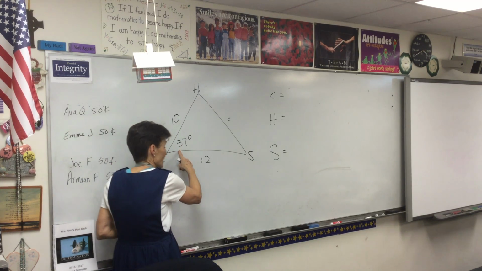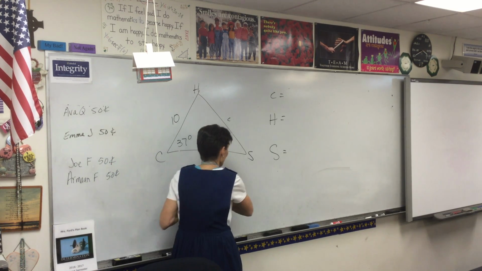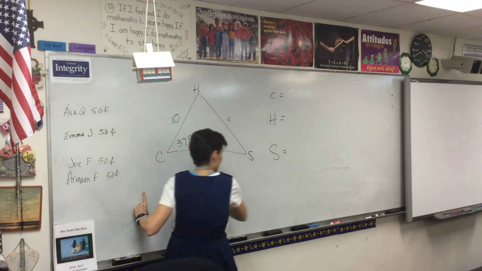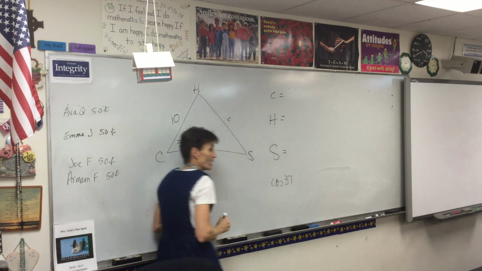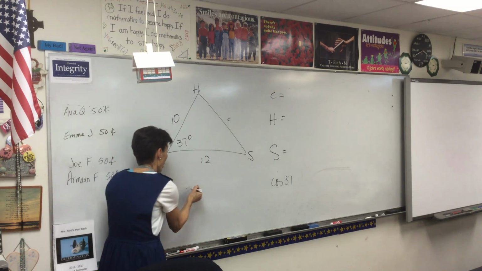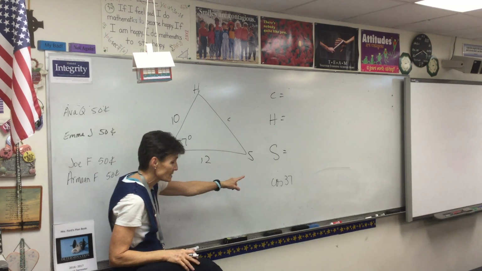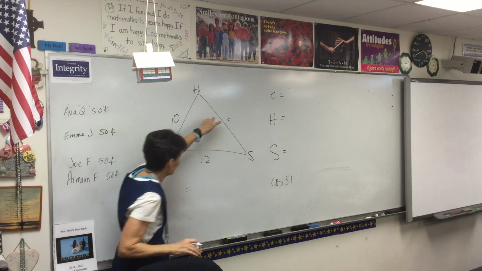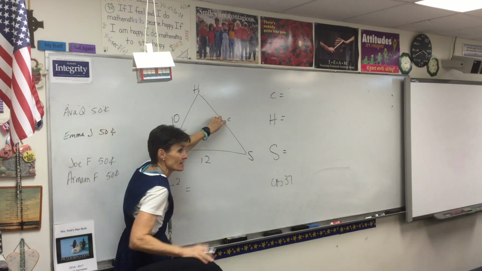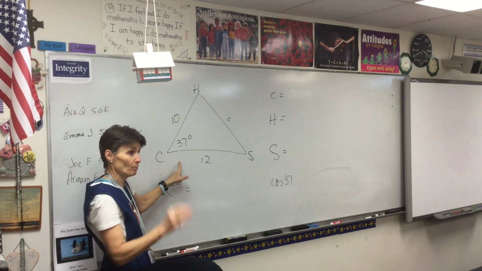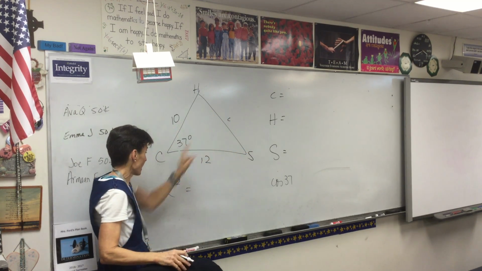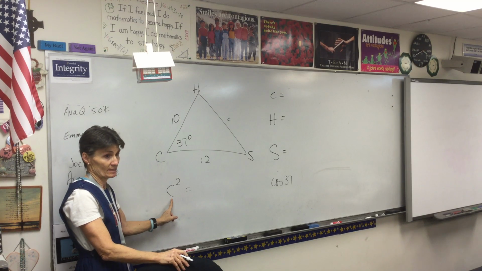And the only angle we have is 37. So in the law of cosines, which is that big long equation, out here it's going to say cosine 37, right? Which automatically means if I put 37 on that end, then I'm going to put c squared on this end. Whatever angle you put on that end, the side is what's over here all by itself on this end.